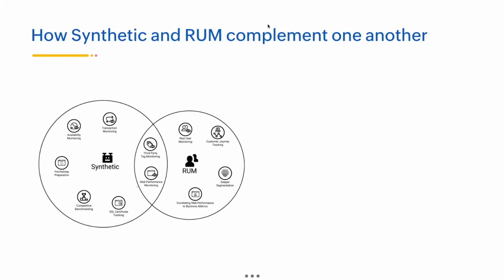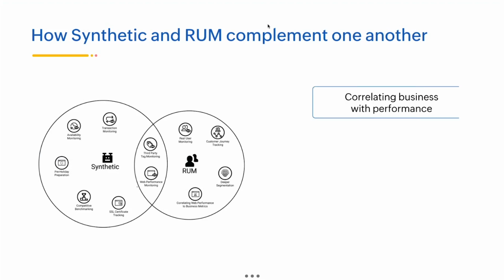Now that we've understood how both STM as well as RUM work, let me tell you how they complement each other and provide great benefits when employed on your websites. First and foremost, they help correlate business with performance. Synthetic monitoring can provide the performance data that will enable you to pinpoint problems with page load time or network bottlenecks.